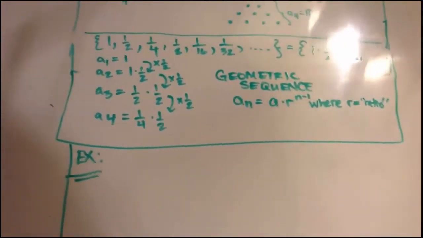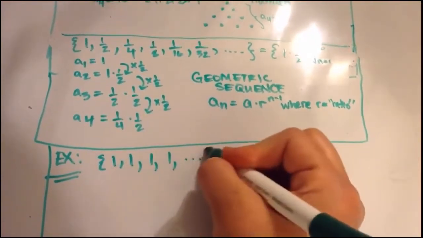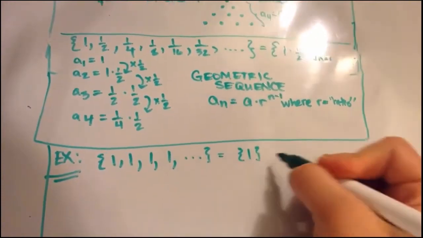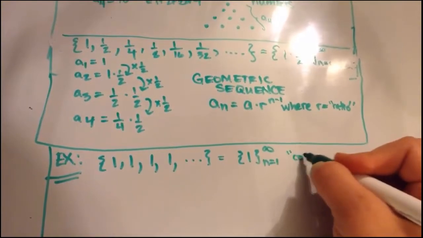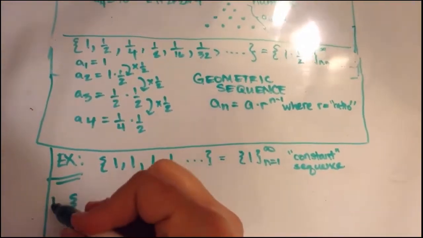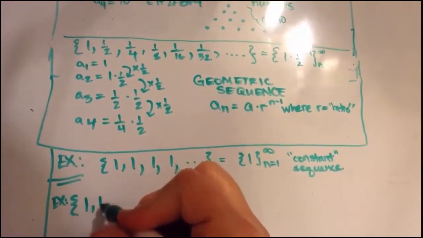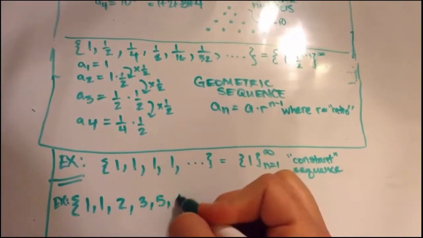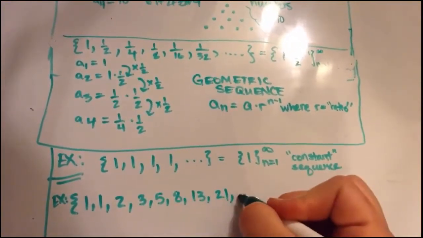For this next example, we could consider the sequence that always gives the value 1. So it's a constant sequence. Another famous sequence is this one: 1, 1, 2, 3, 5, 8, 13, 21.